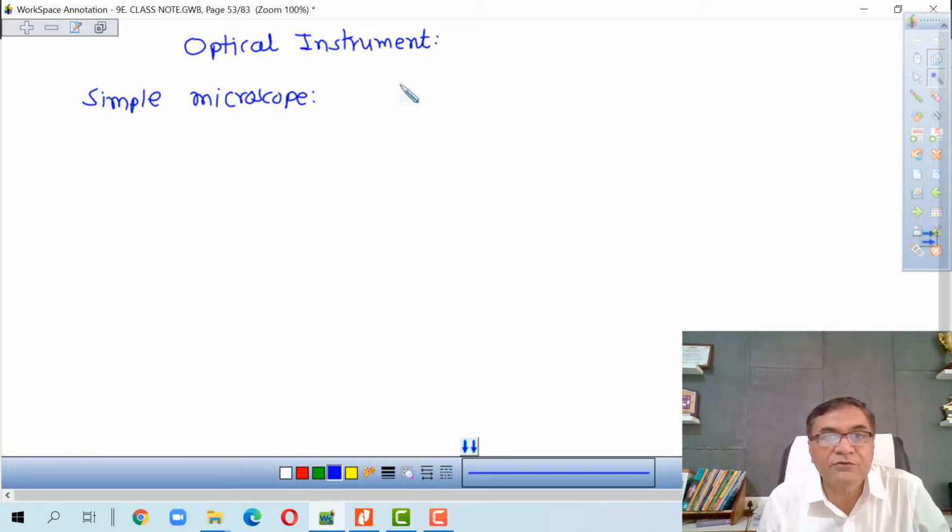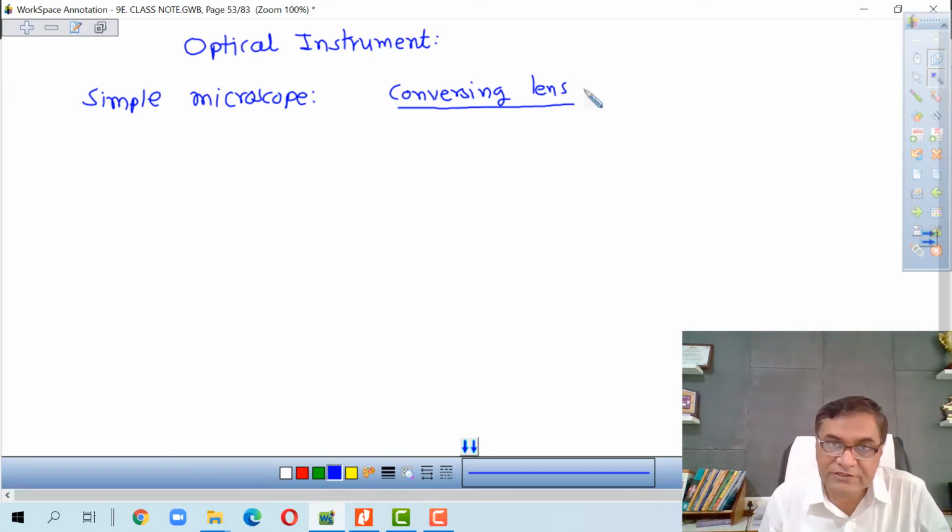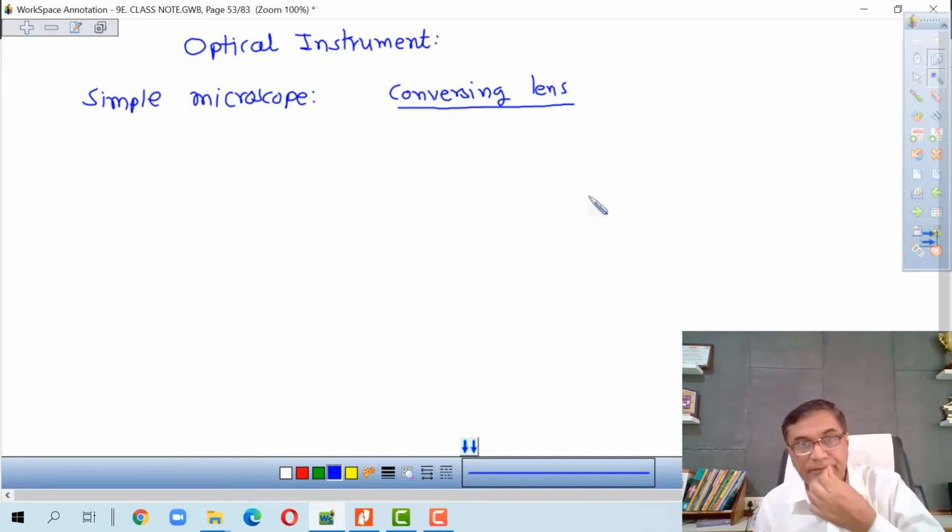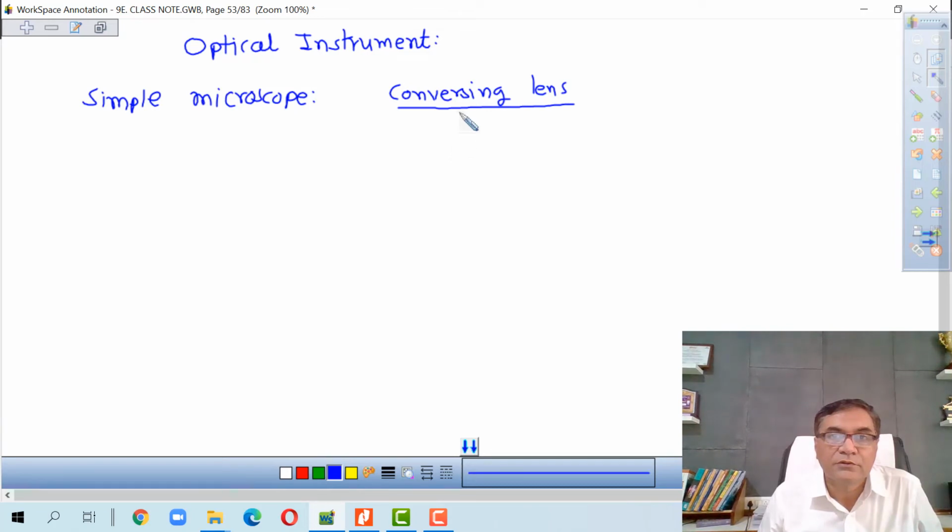It is nothing but one convex lens અથવા converging lens. મોટા ભાગે કોન્વેક્સ લેન્સ, કન્વર્જિંગ લેન્સ હોય એટલે આપણે કોન્વેક્સ લેન્સનો યુઝ કરીએ છીએ. પણ મેં તમને પહેલા કીધા મુજબ, whether converging or divergent depends on which is the medium outside the lens. પણ આપણે એર હોય છે એટલે આપણે કોન્વેક્સ લેન્સને કન્વર્જિંગ લેન્સ કહેતા હોઈએ છીએ. જે ડાયમંડ વાળા, જ્વેલરી વાળા હોય છે એ એનો ઉપયોગ કરતા હોય છે.